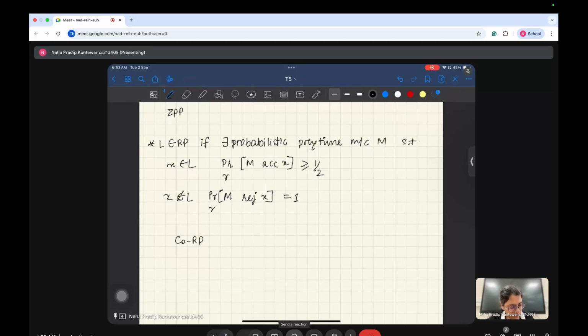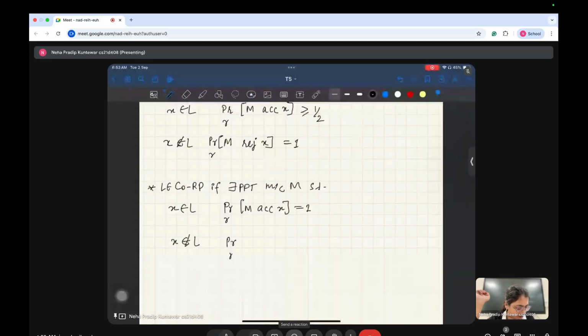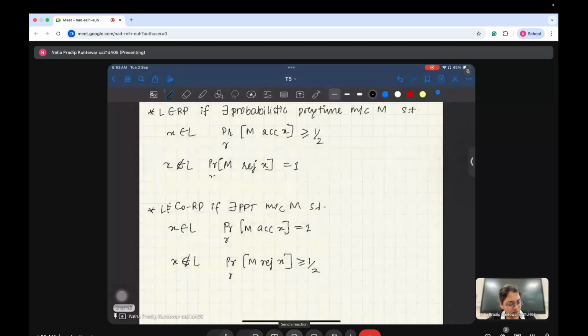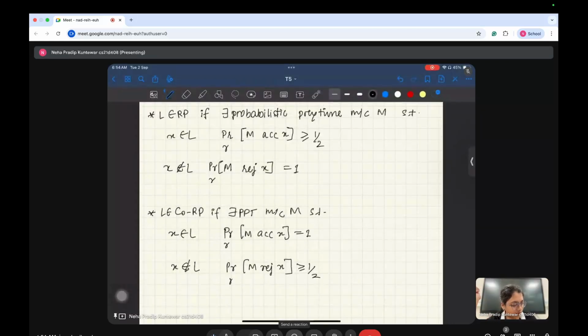A language is in co-RP if there is a probabilistic polynomial time machine M such that whenever x is in the language L, the probability that M accepts x is equal to 1, and when x is not in the language L, the probability that M rejects x is at least half. These kinds of algorithms are called one-sided error algorithms.